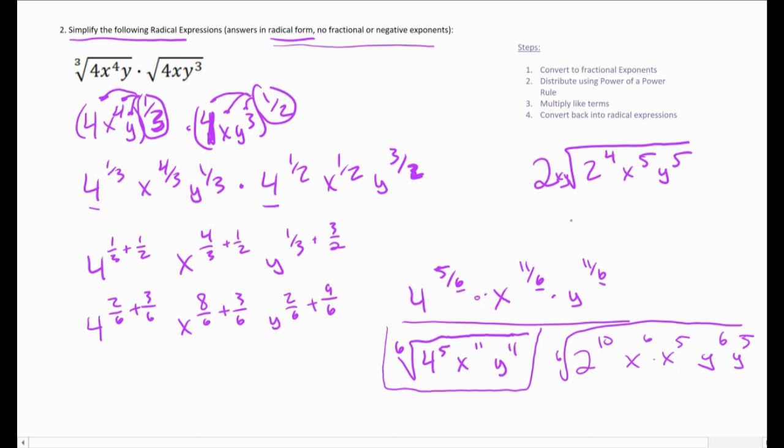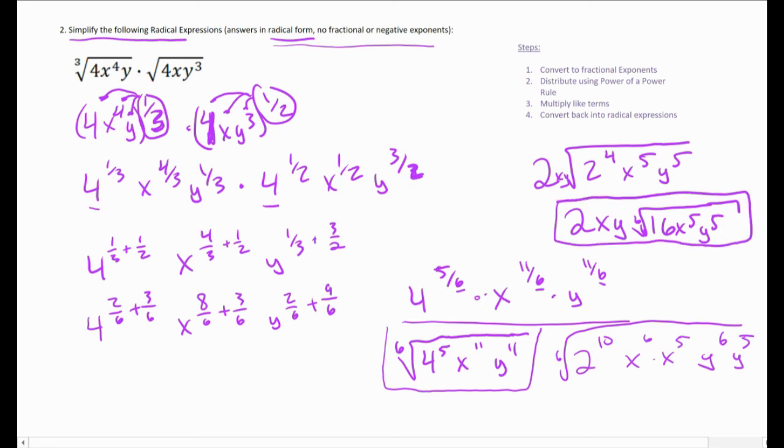So after all of that, 2xy times the 6th root of 16, x to the power of 5, y to the power of 5. I apologize. I'll never ask you for a question like that. I went a little bit deeper into the mud there than I wanted to, but here's our final answer after all that good stuff.